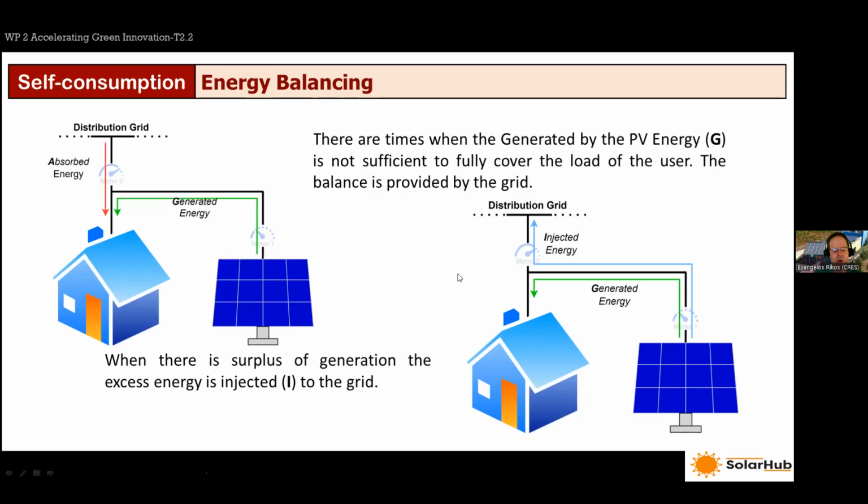You have two possibilities here: a surplus of energy, which means some part of the energy is injected to the grid, and when there is lower energy generated by the PV, an additional part of the energy is absorbed by the grid. So we use these terms to distinguish between generated, injected, and absorbed energy.